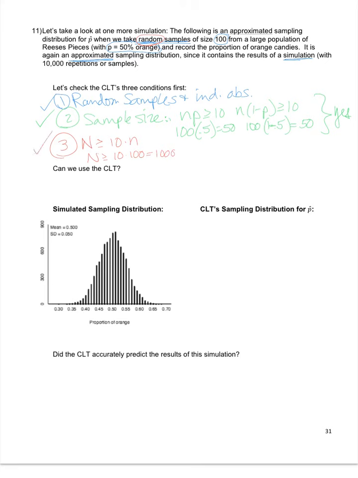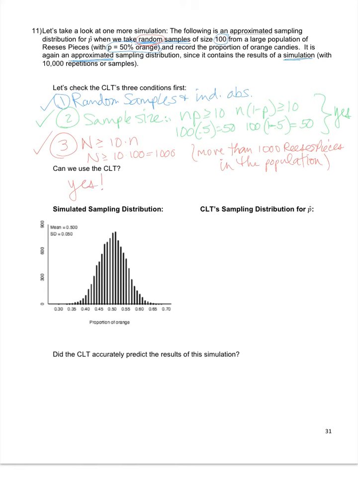I think that is safe to assume. So most likely more than 1,000 Reese's Pieces in the population. If you imagine all the Reese's Pieces that have been produced, there's definitely more than 1,000. All right, so we can use the central limit theorem.